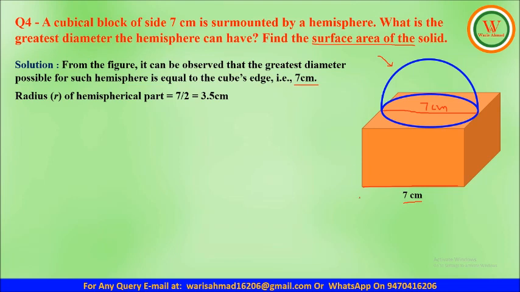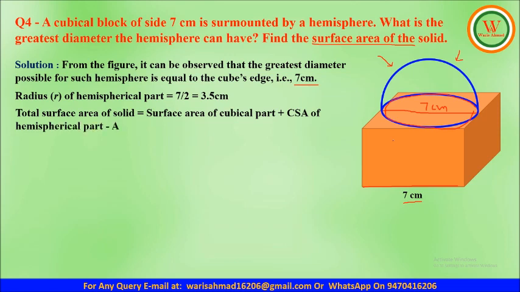After that, we will find the surface area of this hemisphere, and then we have to subtract the area of this base from the sum of these two. So here we can write the formula. Total surface area of solid will be equal to surface area of cubical part plus surface area of hemispherical part minus area of base of hemispherical part.